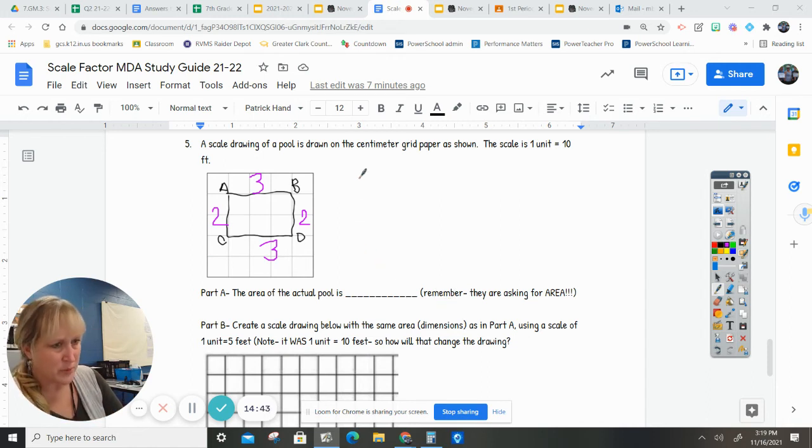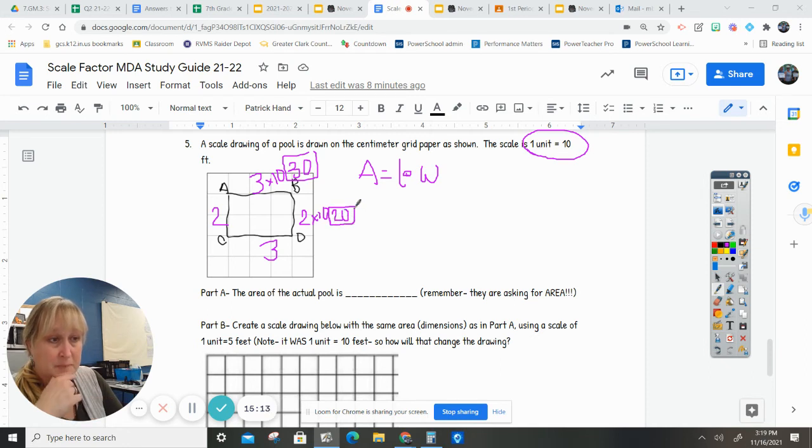So I'm not going to do 3 times, remember area is length times width. We've already talked about this. But I'm not going to do 3 times 2 because my pool is not 6 feet. That's tiny. I have to apply this. So I need to do 3 times 10. So that 3 is really 30. This 2 is really 20. Okay, so my area equals 30 times 20.